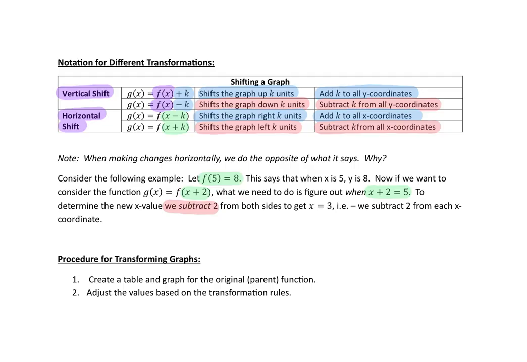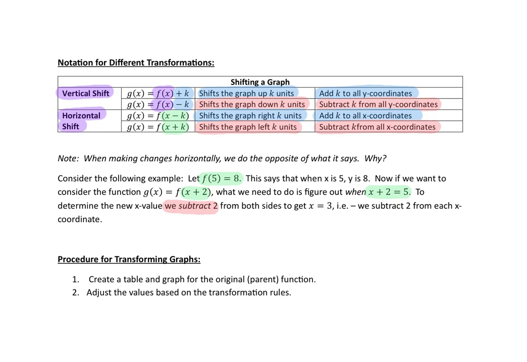Basically, that inside number, just like when we solved absolute value equations, when is that inside thing equal to what I want it to be? And in order to figure that out, we have to solve a little mini equation.